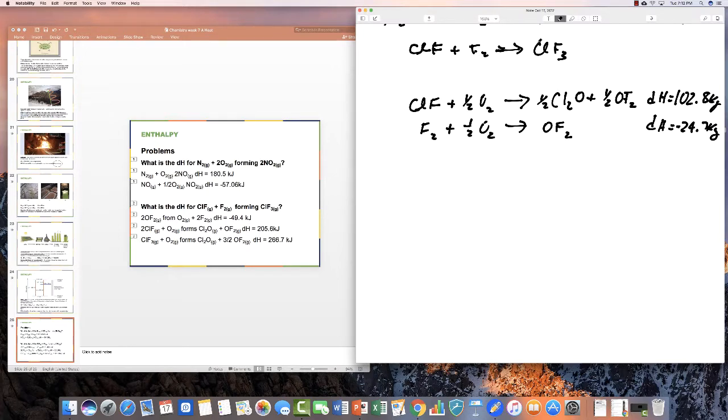Now the third thing we want is this guy. We actually need this on the product side, okay? So we're going to reverse this one. When you reverse it, you just change the sign.